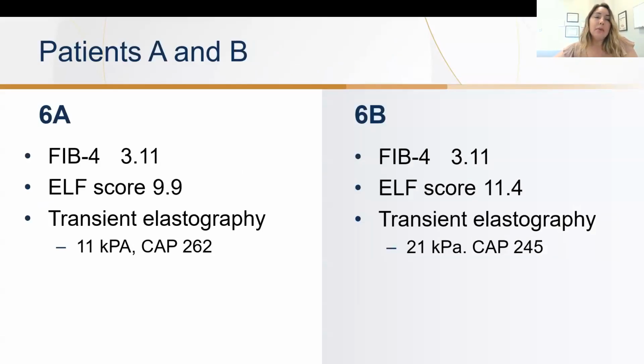And so the big difference here between these two patients: their FIB4 score is the same. The ELF is different enough that it matters. And for me, really, the liver stiffness measurement is different enough, as well as the thrombocytopenia. Both of these patients had the similar ALT, AST.